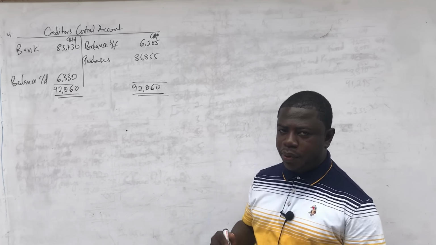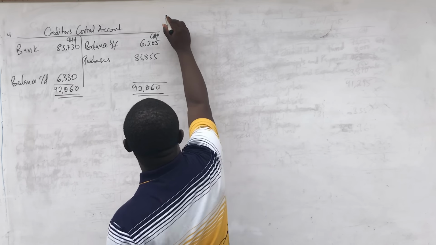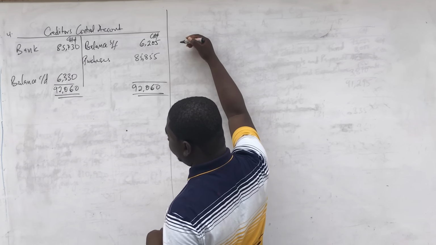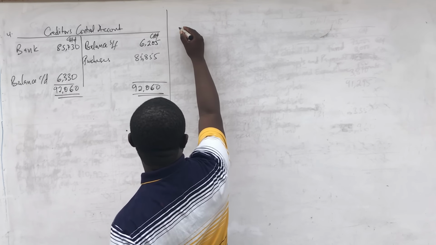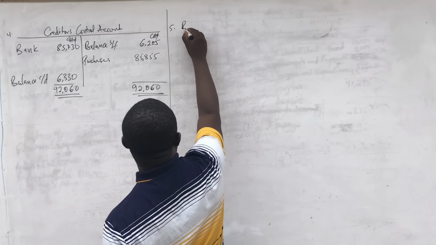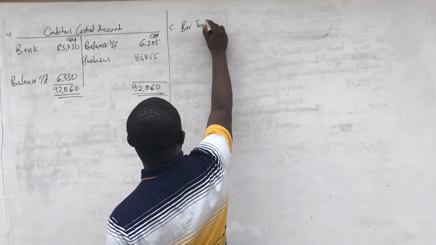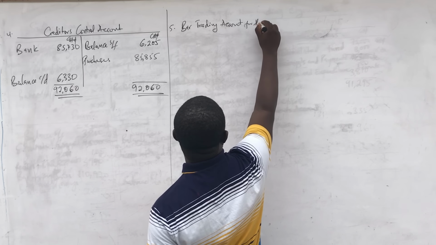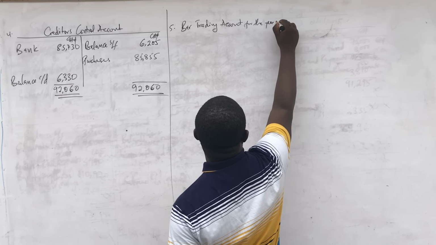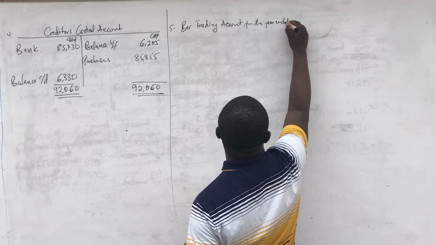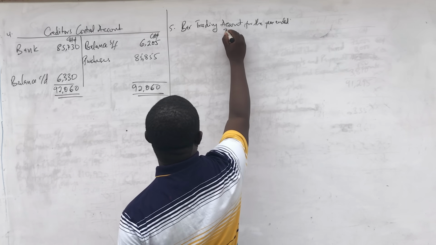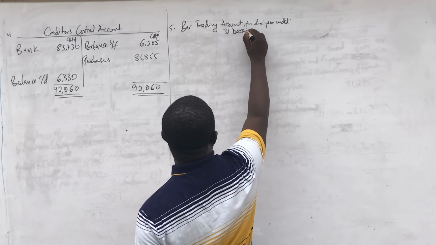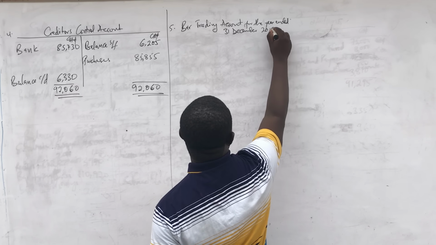And then we can prepare the bar trading account now. So income statement for the bar or your bar trading, whichever way you want to call it. So bar trading account for the year ended December 2018.